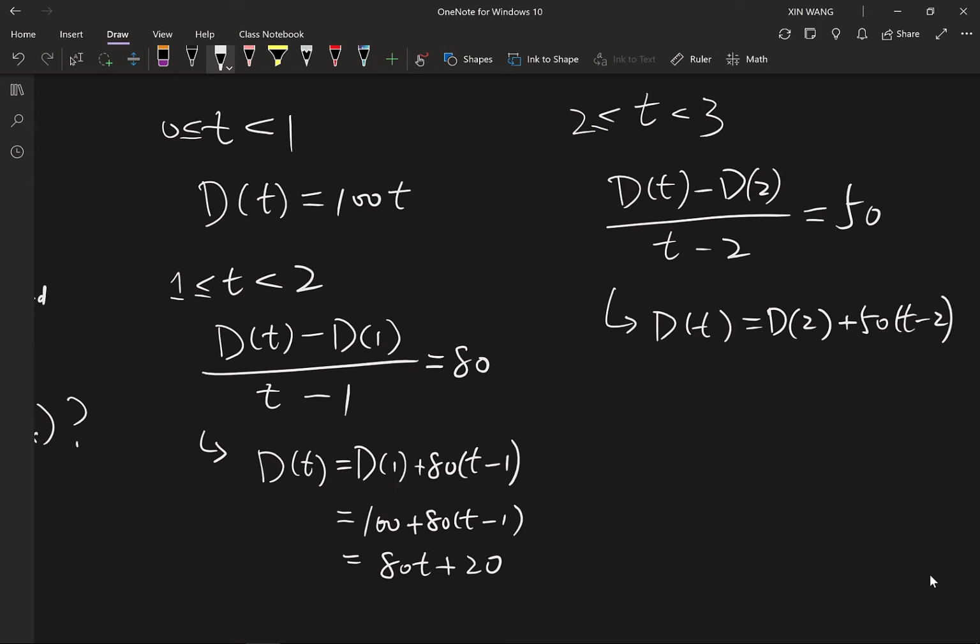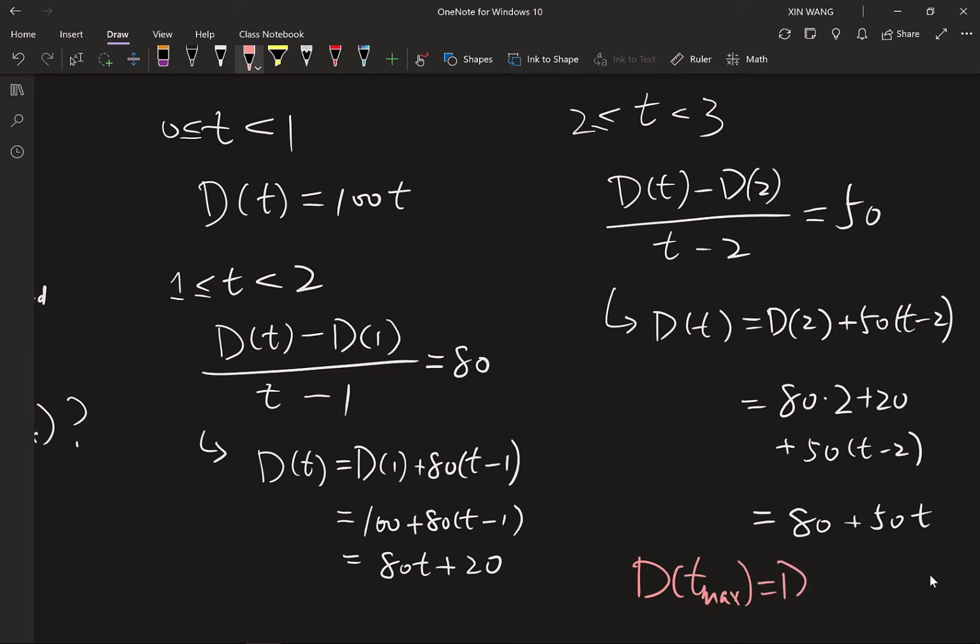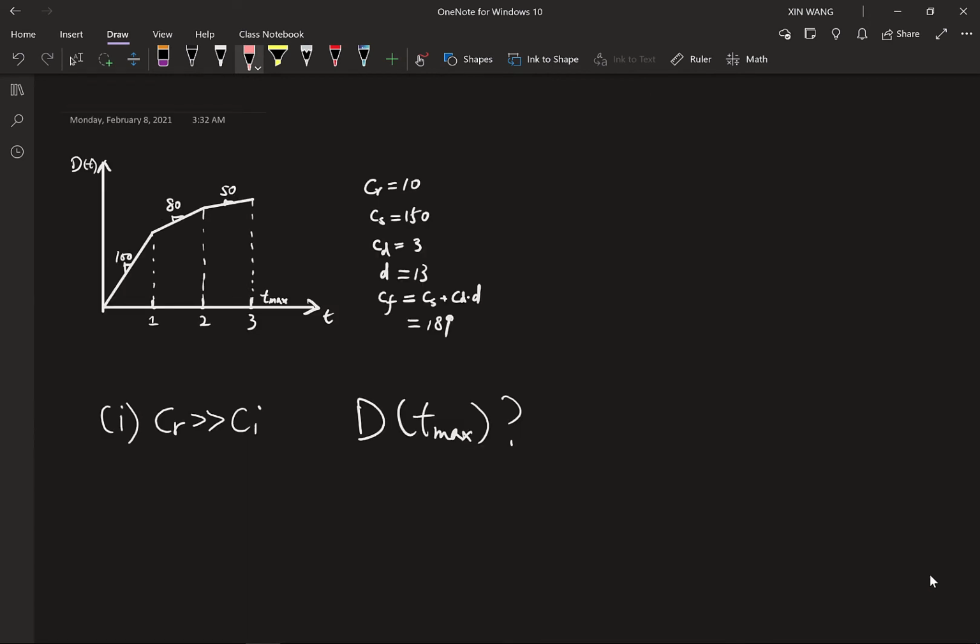Plugging in the value of d2 from the previous case, we get 80 times 2 plus 20, plus 50(t minus 2). This gives us 80 plus 50t. So with all these values, we can get d Tmax, which is d3, equal to 230.